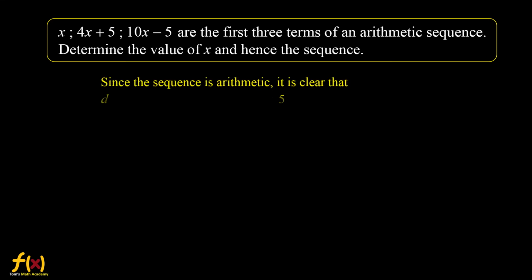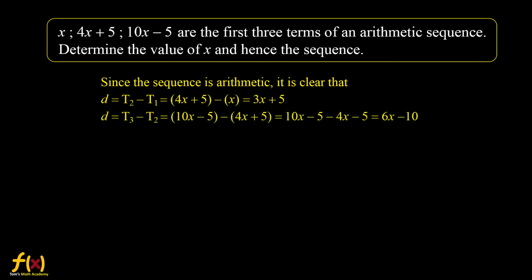Therefore, T2 minus T1 is the common difference, which gives us 4x plus 5 minus x, which is 3x plus 5. Also, T3 minus T2, that is 10x minus 5, minus of, remember to write the minus and keep it in the bracket. We simplify and we get 6x minus 10.